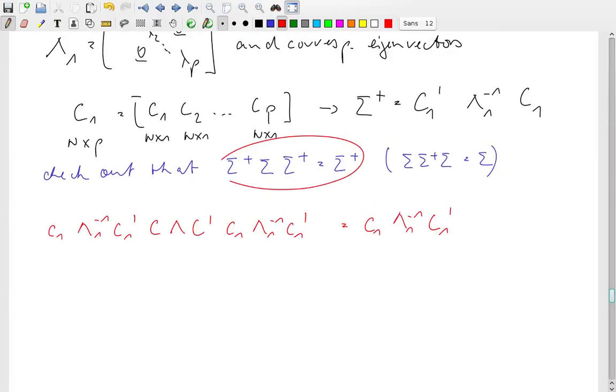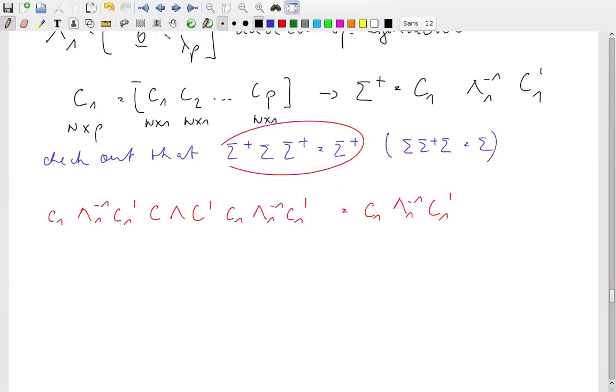Oh, excuse me, I just noted that there is an error. That should not be a prime here. The prime should actually go here. So please correct that mistake. Okay. Right.